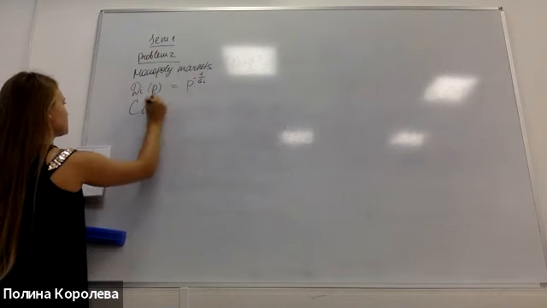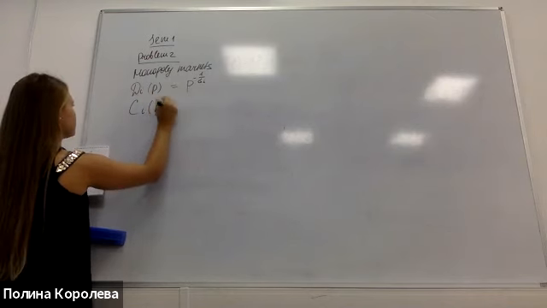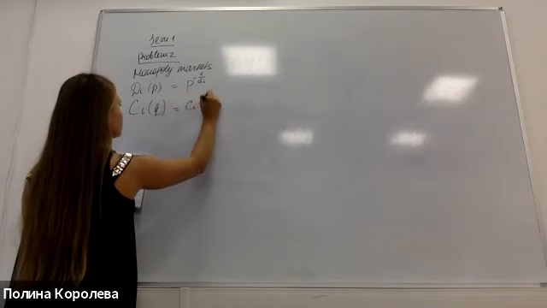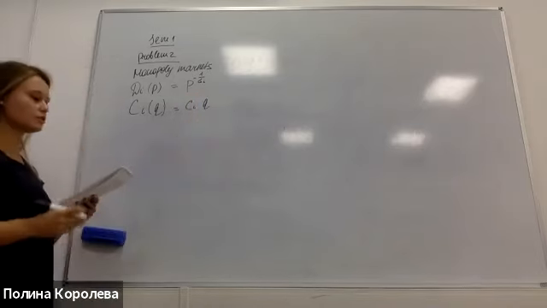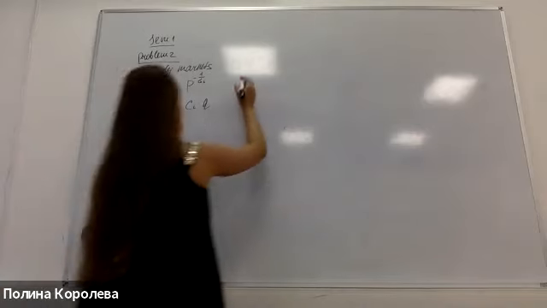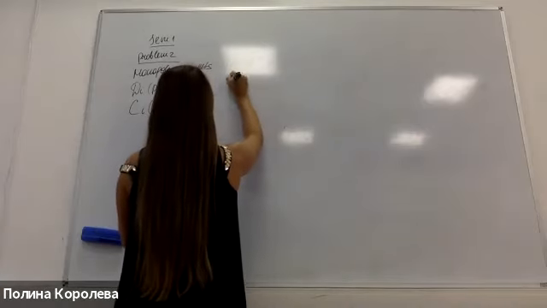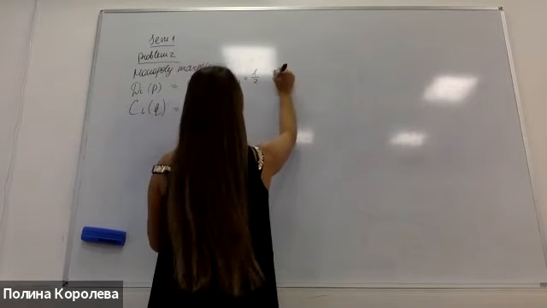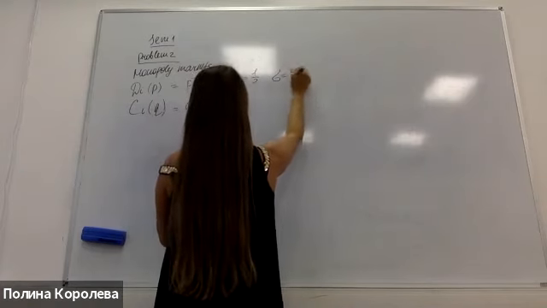Function of total cost for each market is I multiplied by 4, so this is a linear function. What we know for each market? For the first market, sigma is equal to 1/2. For the second market, sigma is equal to 2/3.